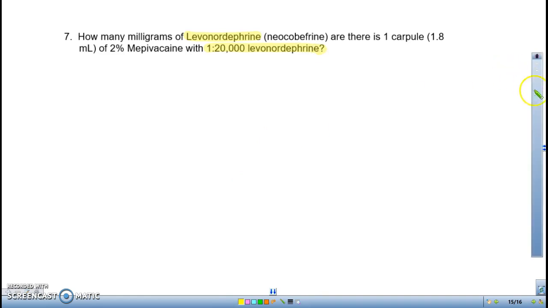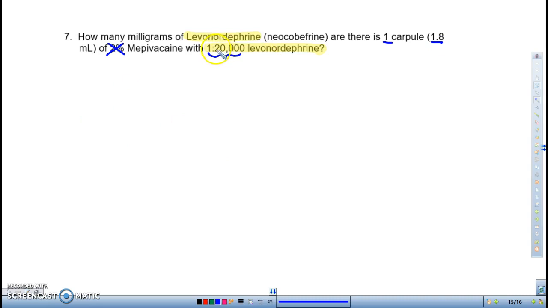Well, we don't need this information here because they don't want us to calculate the anesthetic agent. They want us to calculate the vasoconstrictor. They do tell us this. That's what we need. We need to know this, and we need to know this.